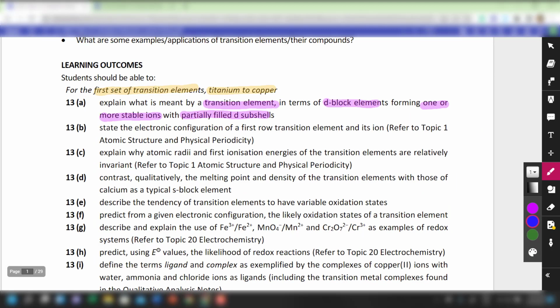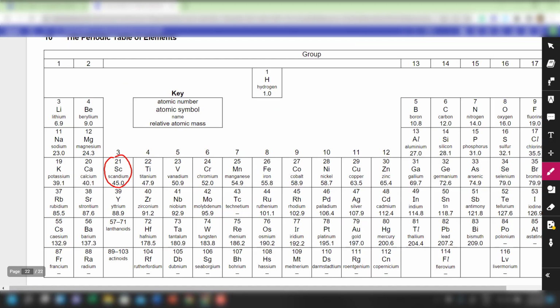By this particular definition, transition elements form one or more stable ions with partially filled d subshells. Using the same logic, zinc will not satisfy the criteria as a transition element as well. The reason being, zinc has the electronic configuration argon followed by 3d10 4s2.